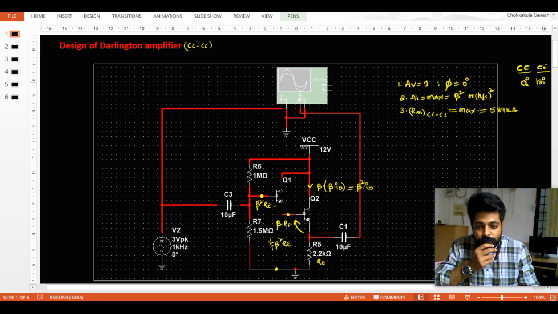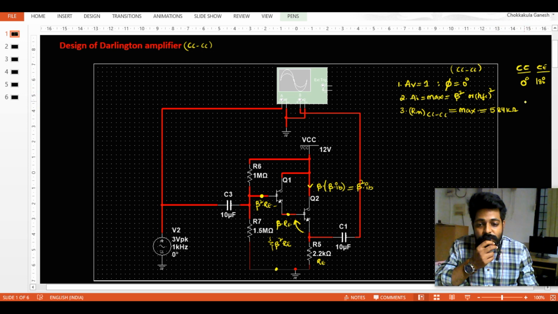We have observed already in the previous cases that the phase shift of this one is 0, and common collector followed by common collector also gave the same phase shift. The voltage gain for this one and this one is the same, 1, and for this one it's around 125, we got it. And current gain is also maximum.